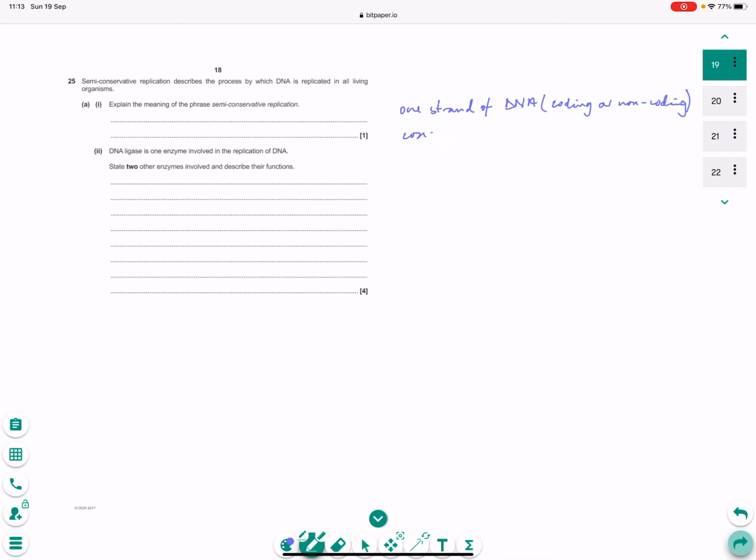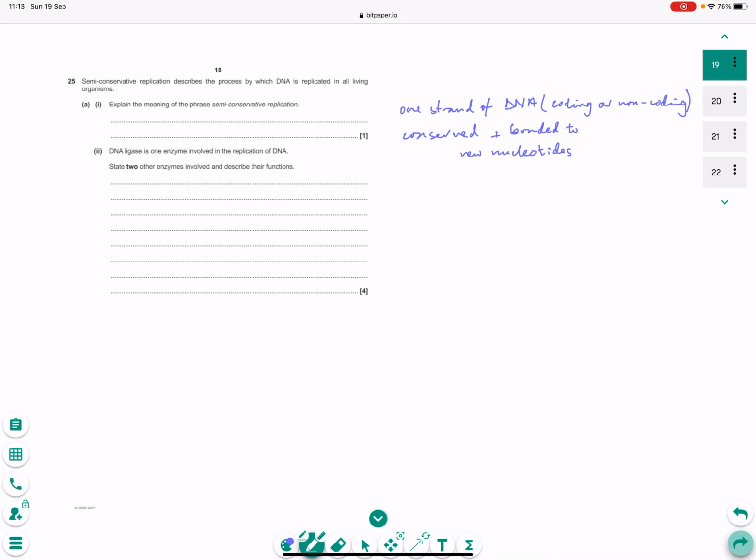Conserved, and bonded to new nucleotides. So if you need to go back and look at semi-conservative replication, then you just need to go back and look at it.